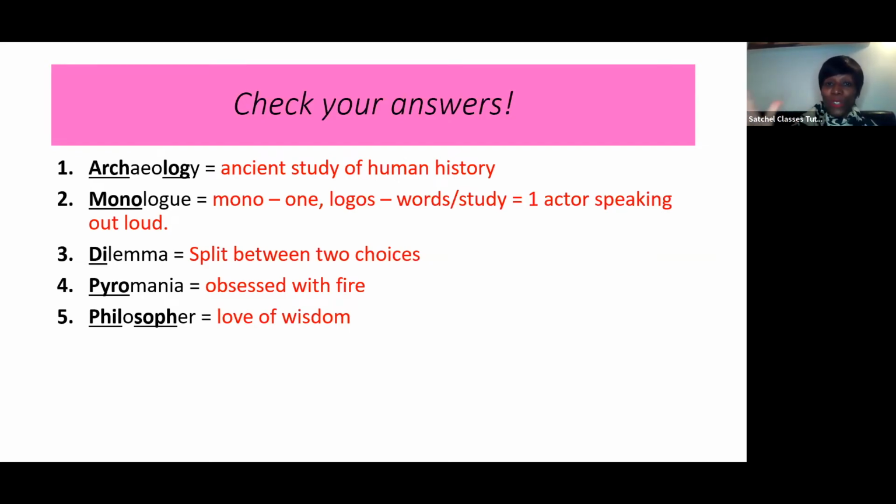You're split between two choices, a dilemma. Pyromania, mania being obsessed with someone or something, and pyro being obsessed with fire. And philo is about the love. Sophie, philosopher, is someone who loves wisdom, who's captivated by wisdom and thought, thinking, rational and logical ideas.